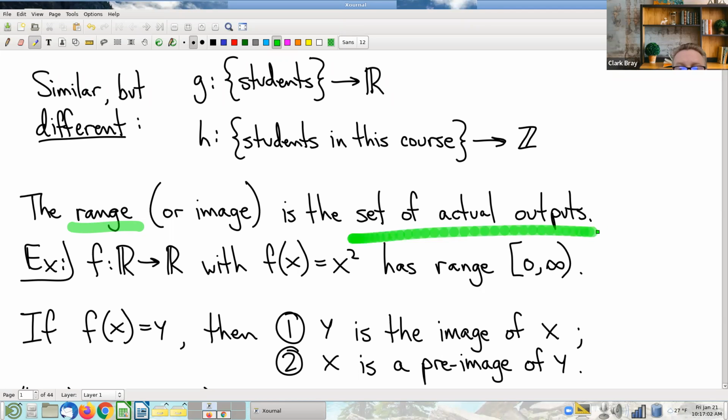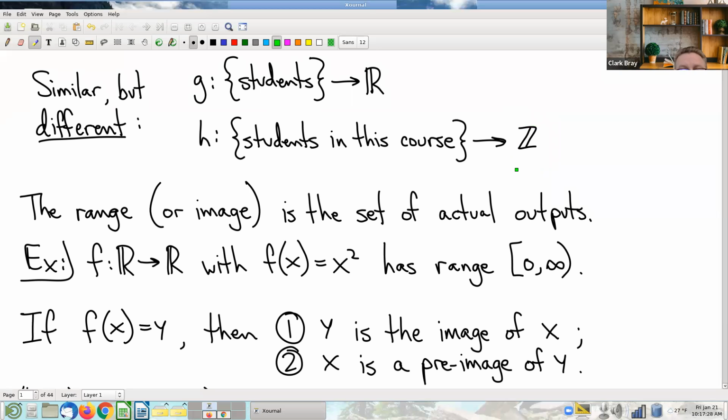Range is the set of actual outputs that come out of the function. It's not the same as the target. You can see here, the target is Z, all integers, right? But not every integer is an ID number. There are some 34-digit integers that are not ID numbers for any student.